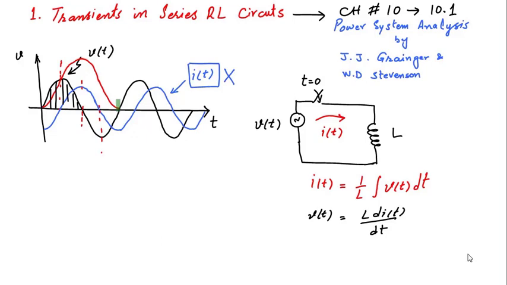So this is the integration of first cycle of voltage waveform, and this will be the waveform of current through the first cycle. And next the next cycle starts, so this will be the repetition of this sequence. So current waveform for next cycle will be similar to the first cycle.